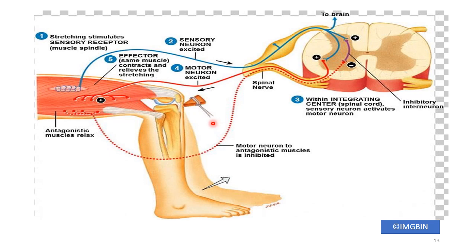When we take a hammer and tap the patellar tendon, that is, the quadriceps femoris tendon, the legs are kept in this position, and then we tap the quadriceps femoris tendon.